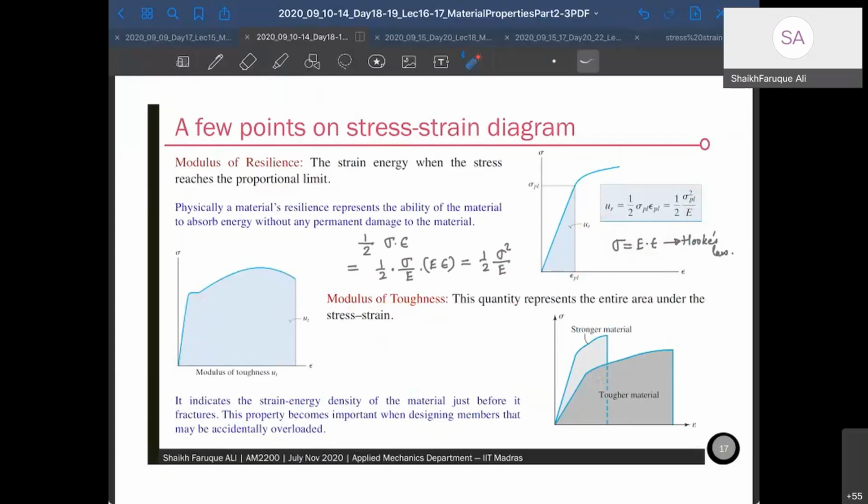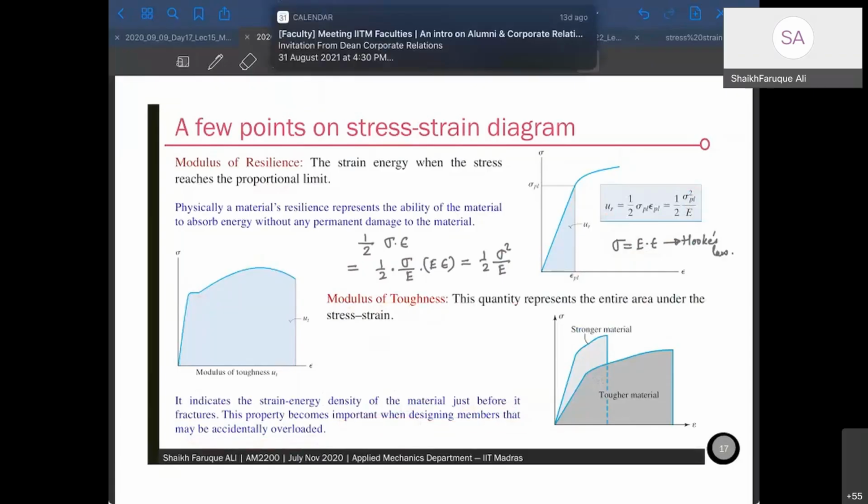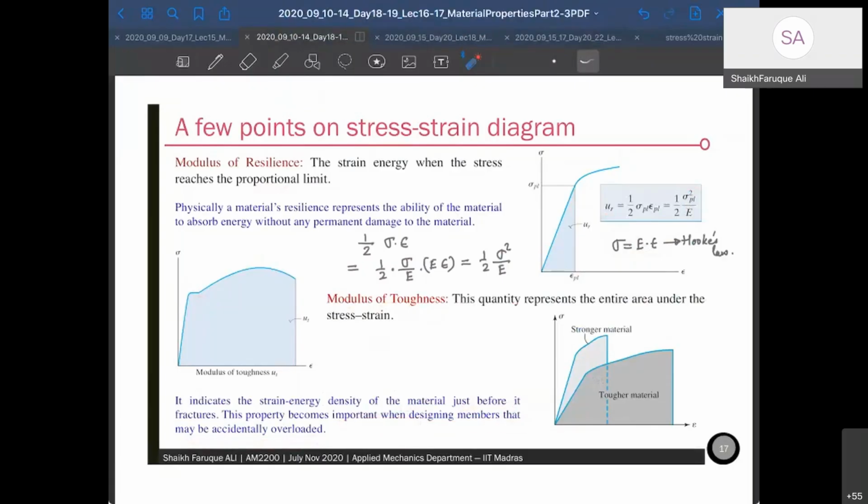It indicates the strain energy density of the material just before it fractures. The property becomes important when designing members that may be accidentally overloaded. Suppose you have to design a material which can get into a crash or impact loads. Then you probably need to design materials that can store a larger amount of strain energy.